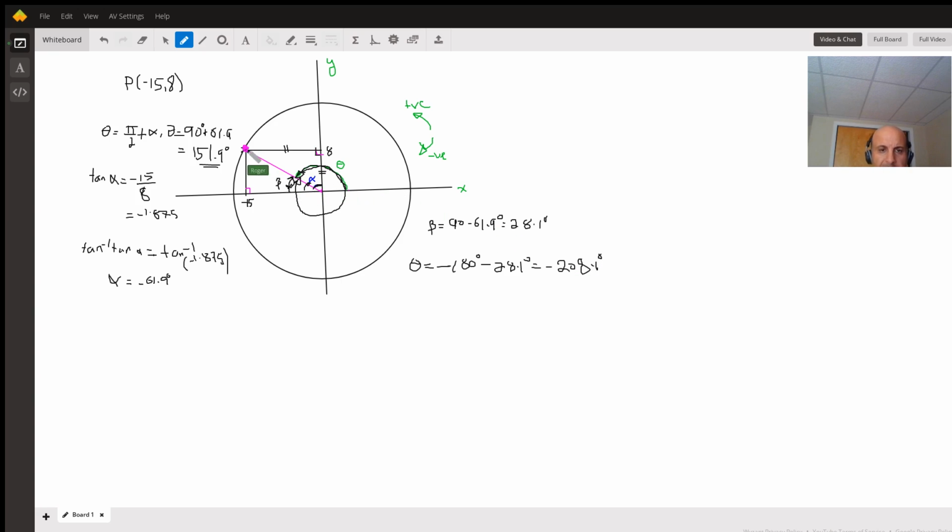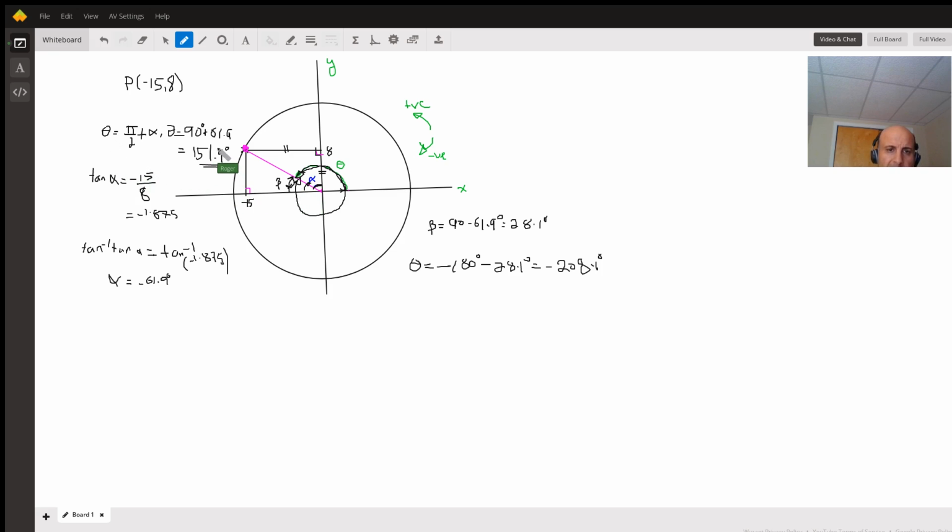So how can you define where this line is? Well, you can either define it going counterclockwise from 0 here to the point where the line is, or going clockwise from 0 degrees around to the position where the line is.